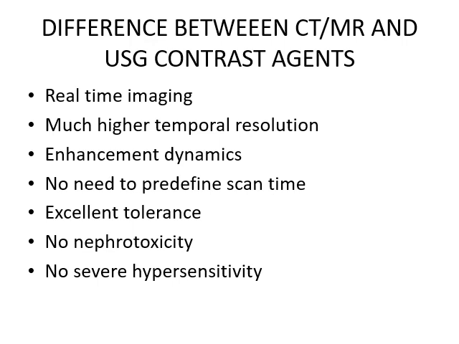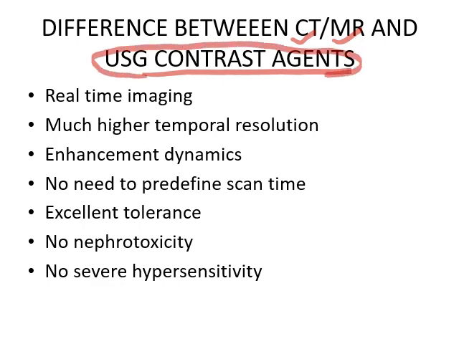First of all, we should know why we are using these USG contrast agents, since we already have CT and MR contrast agents. We are using USG contrast agents basically because they give you a real-time picture. When we are doing CT or MR, we need contrast to better delineate our normal structure and the pathology.